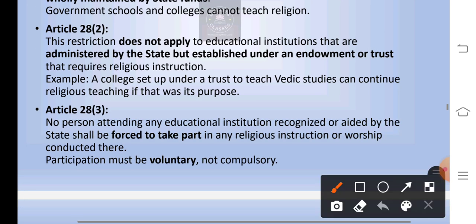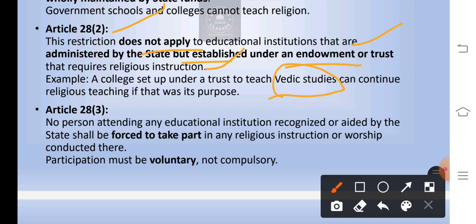Next is Article 28 Clause 2. This restriction does not apply to educational institutions that are administered by the state but established under an endowment or trust that requires religious instruction. For example, there are Vedic universities where they teach Vedic studies. This kind of religious teaching can be continued because it is done for a purpose.